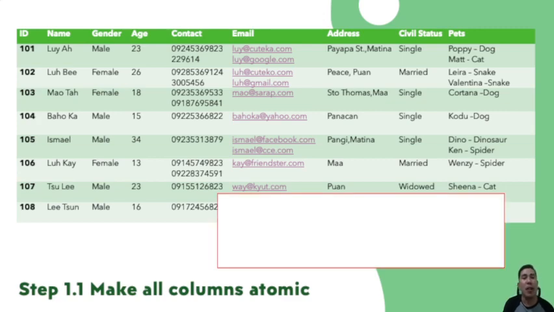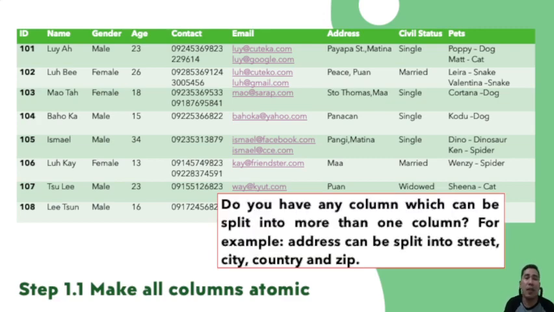Among all of our fields, we can observe that there are non-atomic fields, particularly the address. In the address, we can split this into different fields because address could be divided into street, city, country, and zip, and even province, and even barangay or purok.